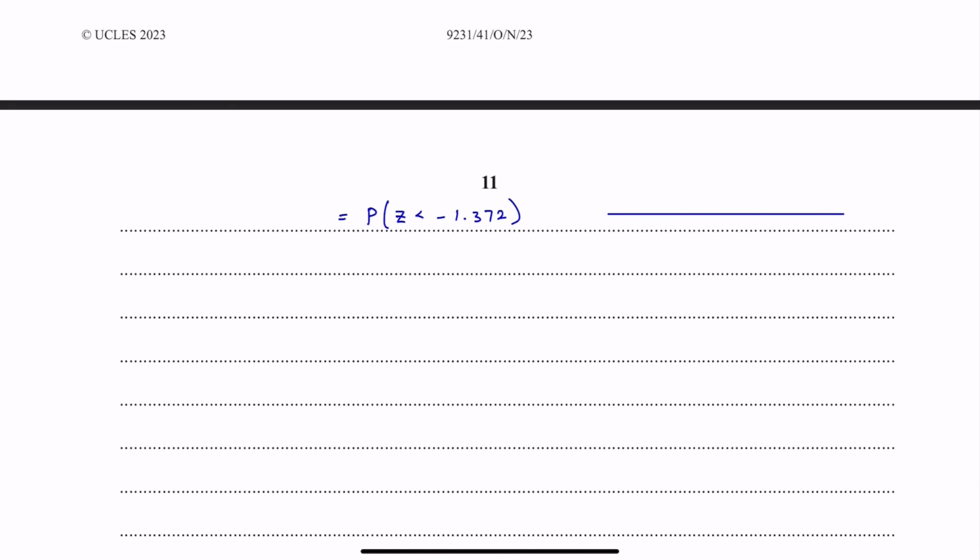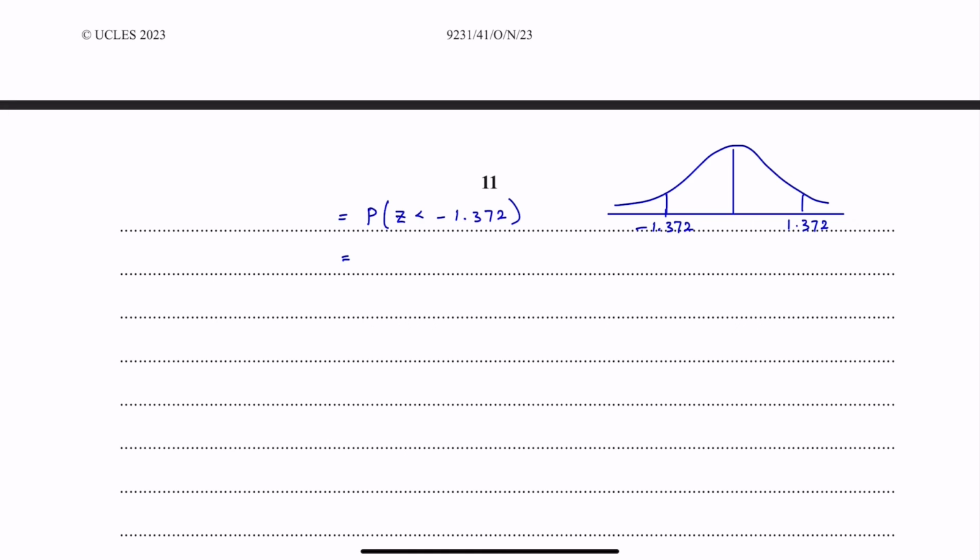And for a normal distribution graph, it's symmetrical. So if negative 1.372 is here, positive 1.372 will be here, and the probability that z is less than negative 1.372 here, this area here, and this area here will be equal.